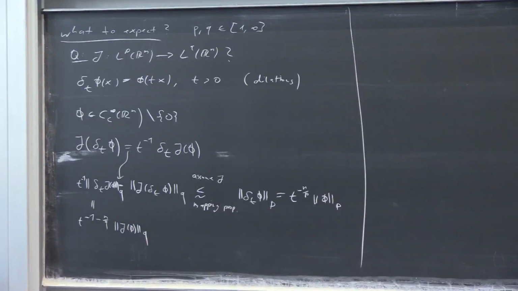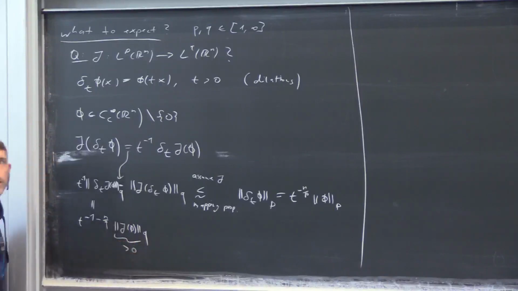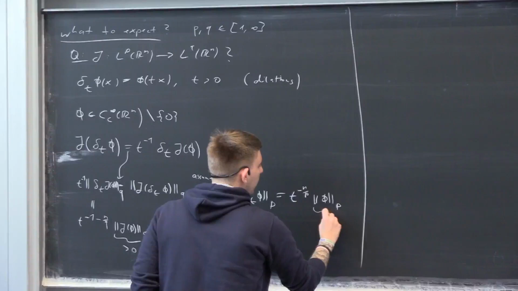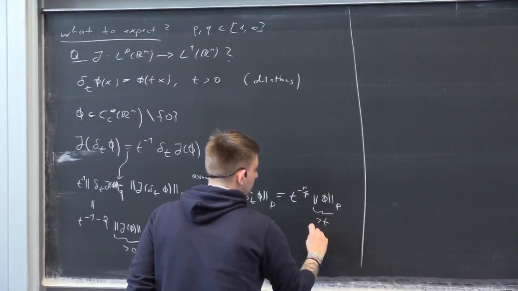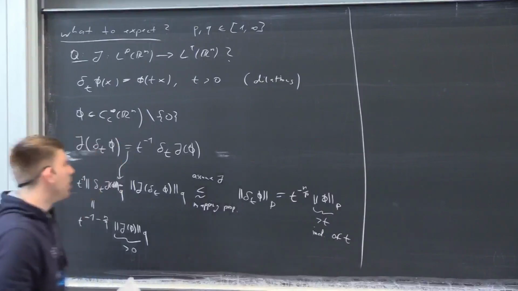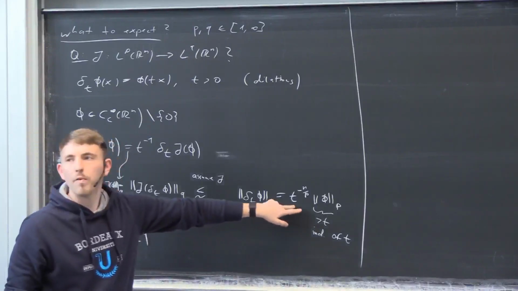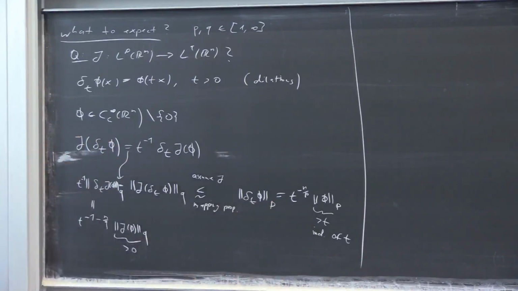Okay, so what does it help? Well, we said that phi is not 0. So this is some number which is strictly positive, and it's independent of t. Here the same. So what we have shown here is an estimate: this power of t is less than a constant times this power of t, but it holds for all t.